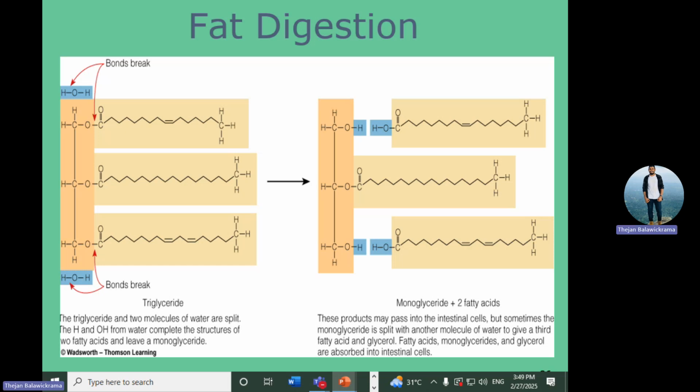Right. This is the complete hydrolysis. This is the complete digestion of this fat. Okay.